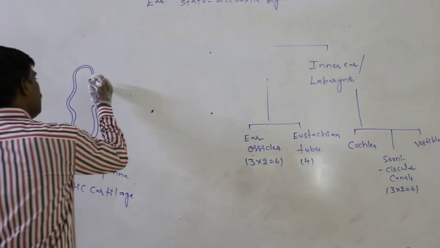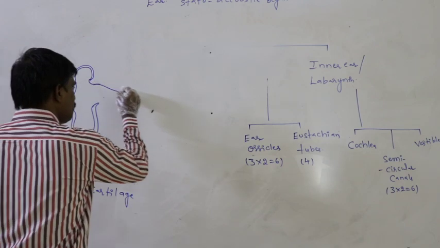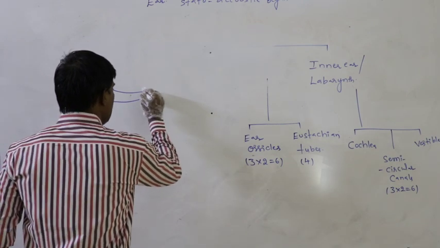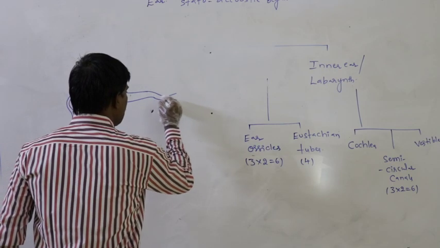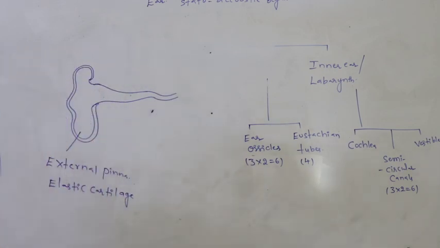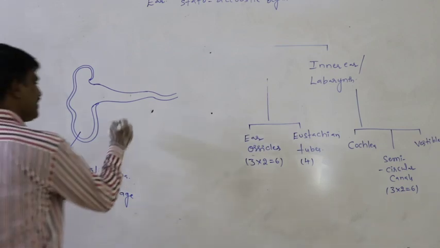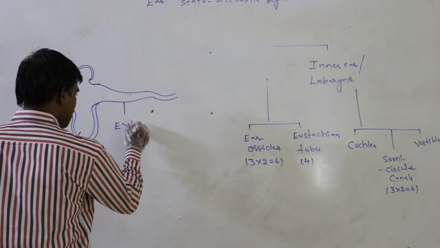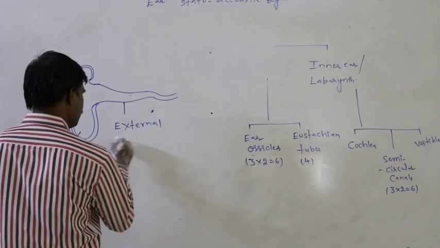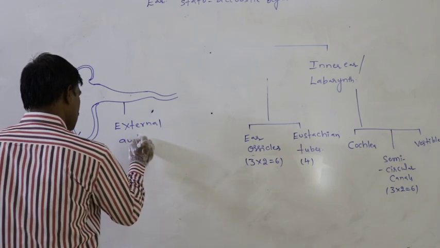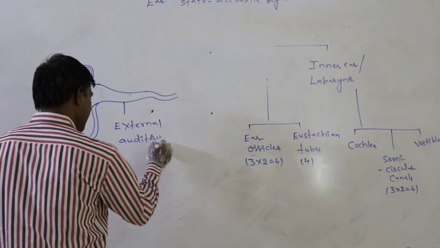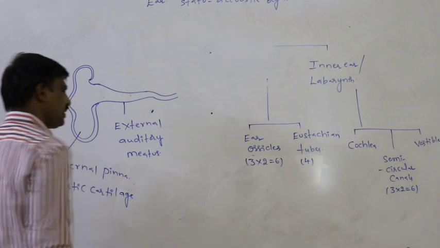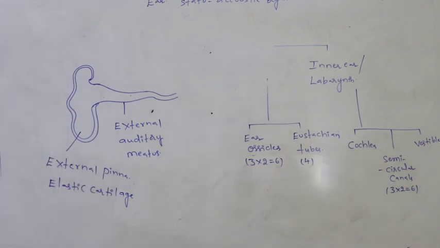Later, the external pinna opens into a curved tube. This curved tube is said to be the external auditory meatus.